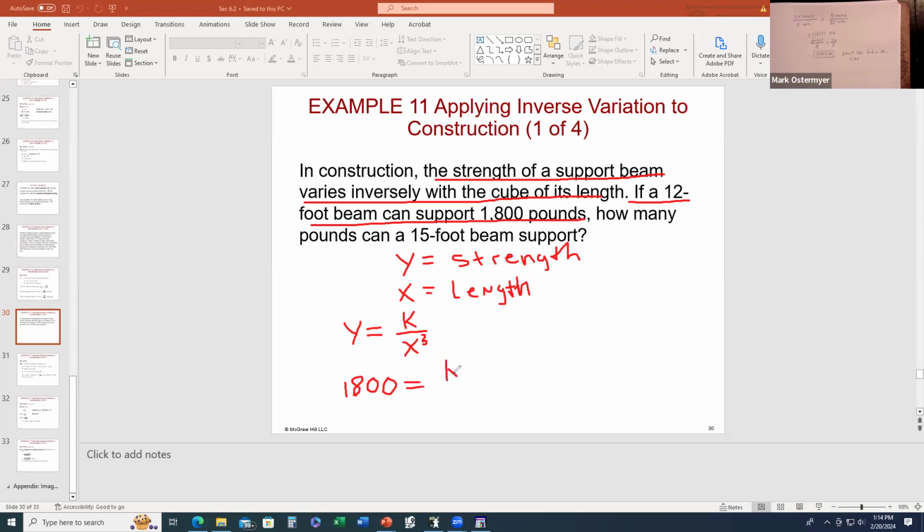The length X is going to be replaced with 12 feet. Therefore, we can solve for K now. K is going to be equal to 12 to the third power times 1800.